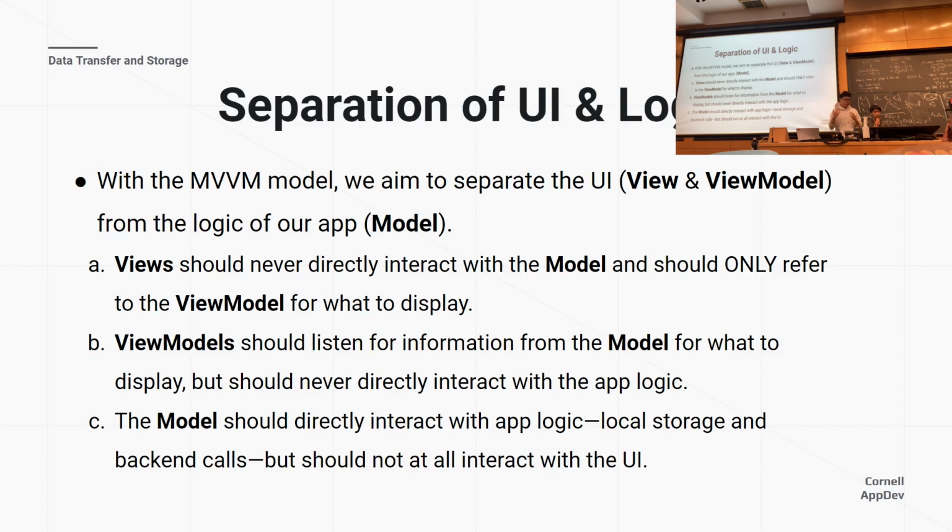The view model should listen for information from the model for what to display, but should never directly interact with the app logic. And the model should directly interact with app logic, storage, and back calls, but should never interact with the UI. So once again, it gives each component of our architecture a very distinct role to play to enable this decoupling of our code.